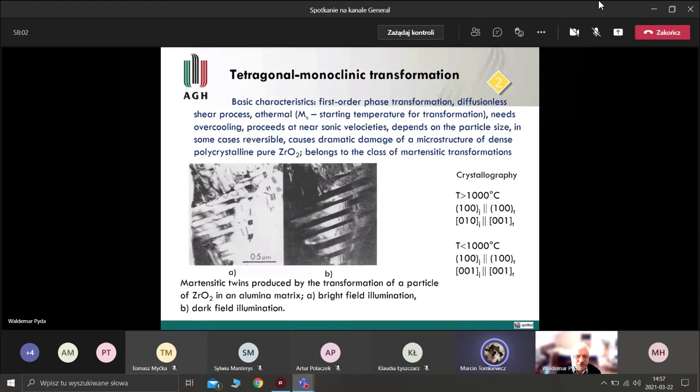You said molecules? Molecules and atoms. Or atoms, yes. Okay, and diffusionless means that there is no diffusion.